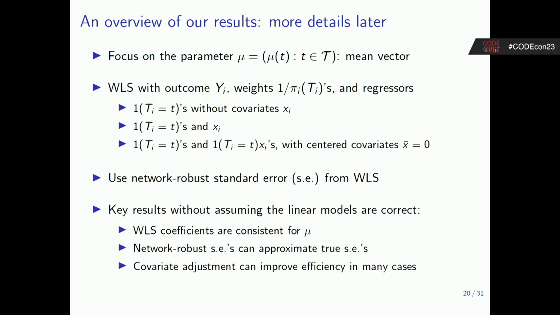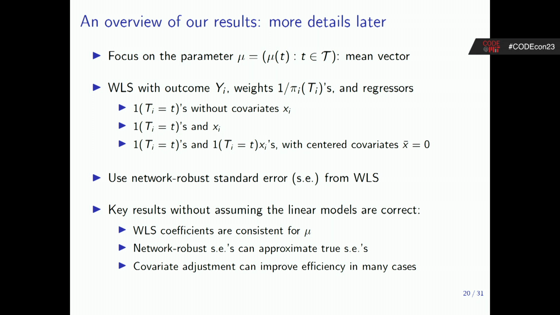Three choices. First, without covariates. Second, just add covariates. Third, you can actually add dummies and the interaction between the dummies and the covariates, with centered covariates. And make sure you weight your regression by the inverse of the propensity score, the inverse of the probability of the corresponding exposure mapping. That's our recommended method for estimation.